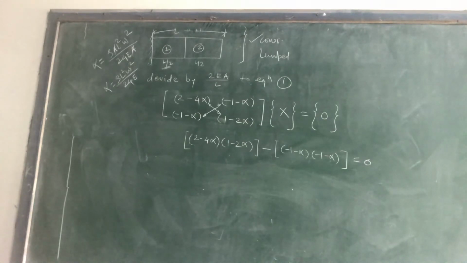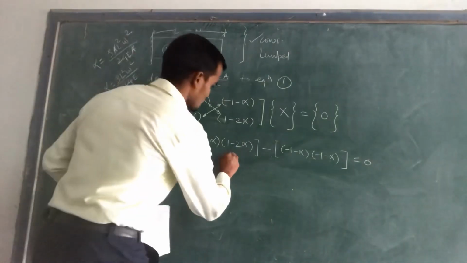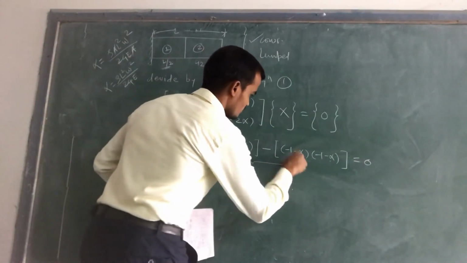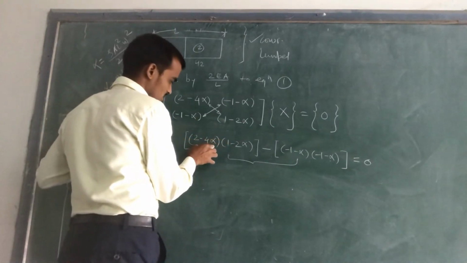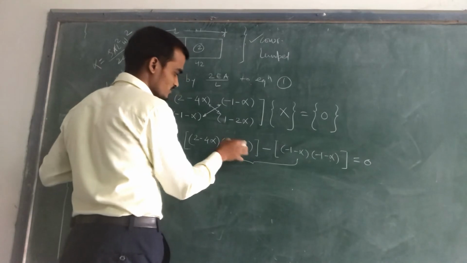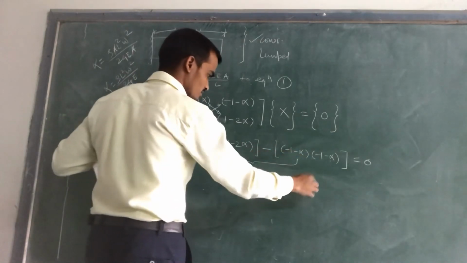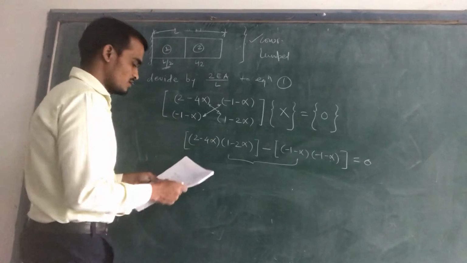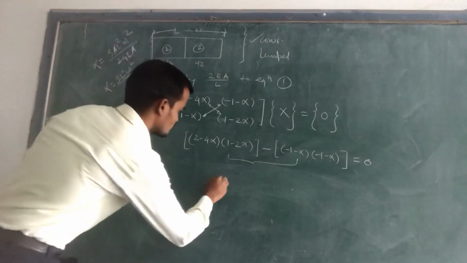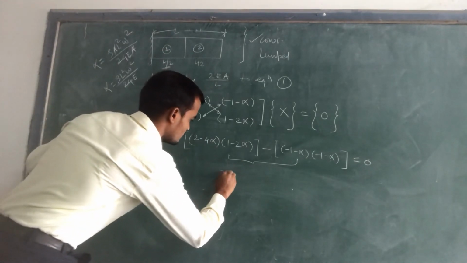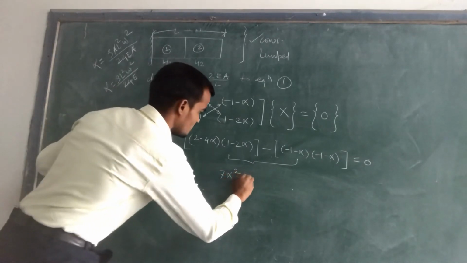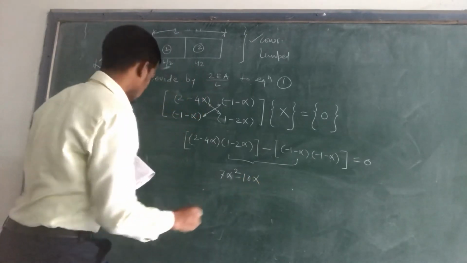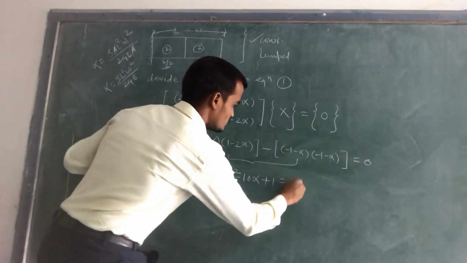After simplifying this, you will get one quadratic equation. Try to simplify this on your own. You just multiply the brackets by these values, you will get one term, and similarly another term. By simplifying, you will get the final quadratic equation as 7 alpha square minus 10 alpha plus 1 is equal to 0.